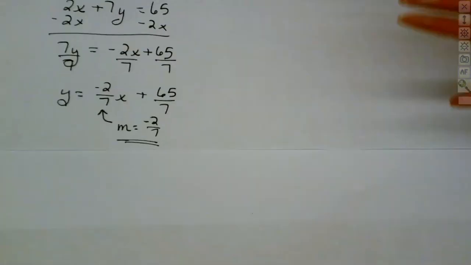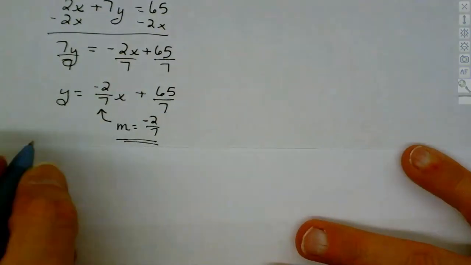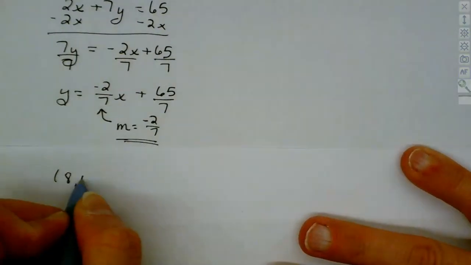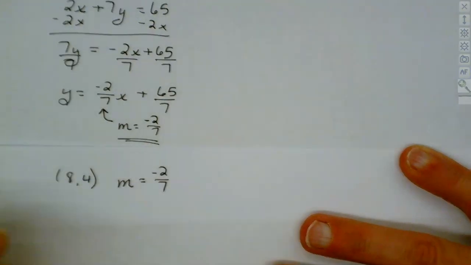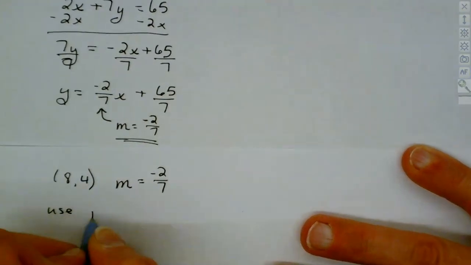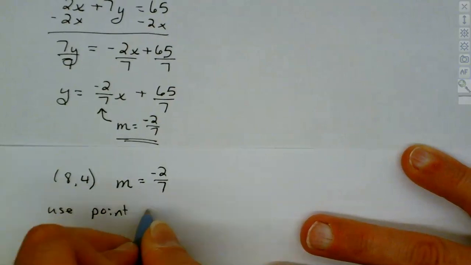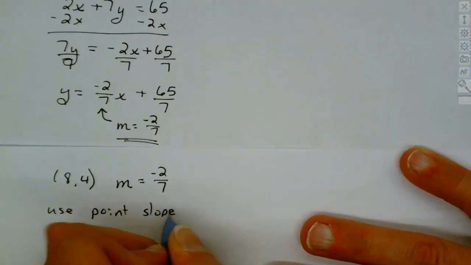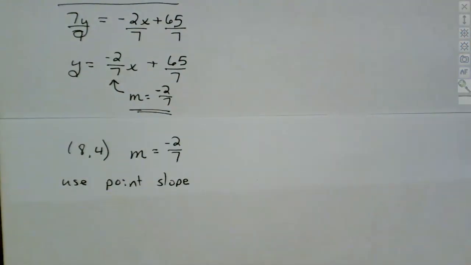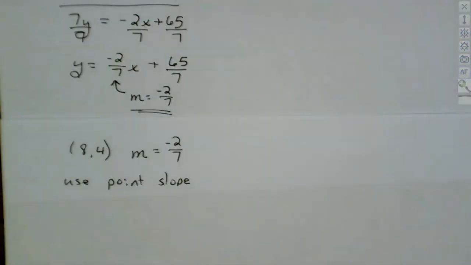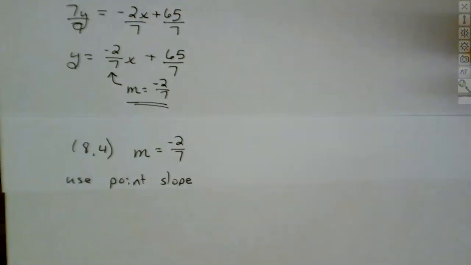So now we have our point, which is 8, 4, and we have a slope of minus 2/7, and we're going to use point slope. So we found our slope. We have that original point, and we're going to use our point slope formula.